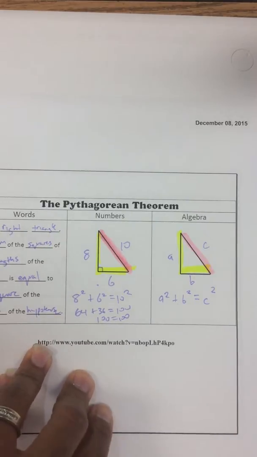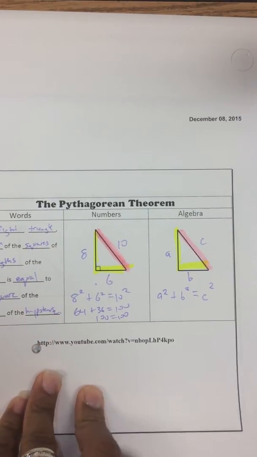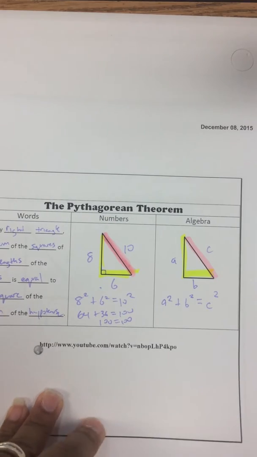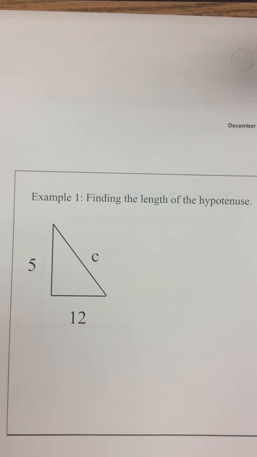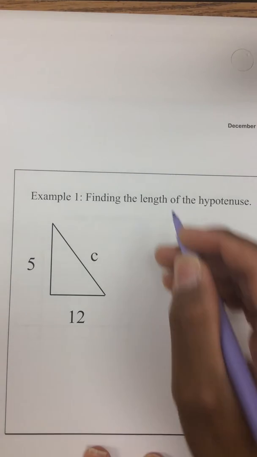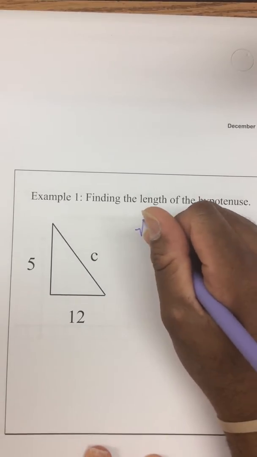So now, this goes to the next portion of our notes for when we're trying to find the hypotenuse. Okay? So sometimes various questions will ask you specifically for the hypotenuse. So this is the formula that we use whenever we're trying to find the hypotenuse. And that formula is this right here.